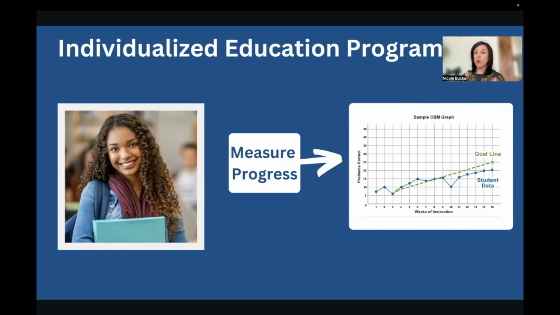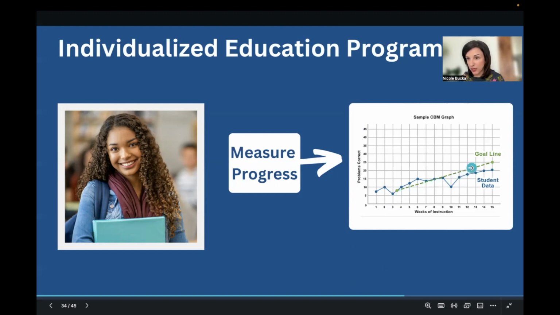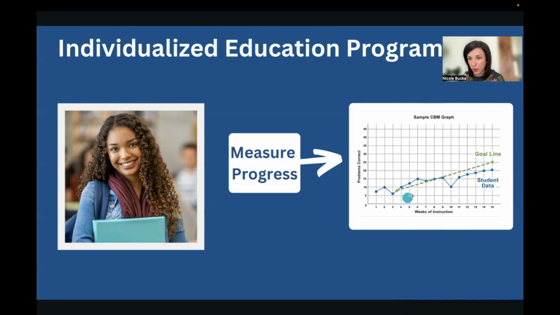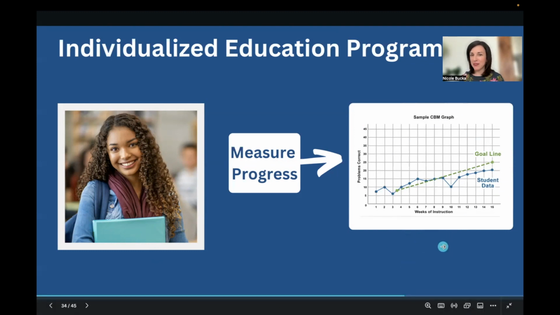So when we want her goal line to look like this, this is what the graph would look like. See the green? This is the goal. So if her student data looks like this, then we know we need to intensify, right? We can't be providing this kind of assurances for other students and then not provide it for students with IEPs. Everybody needs to provide this kind of insurance.